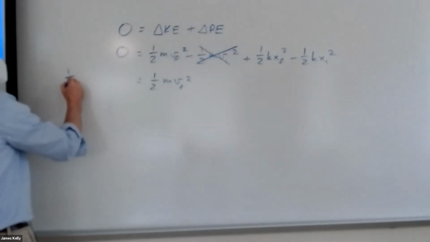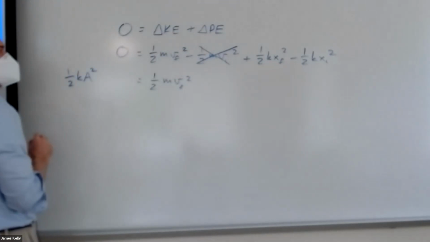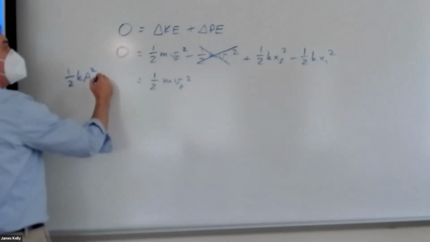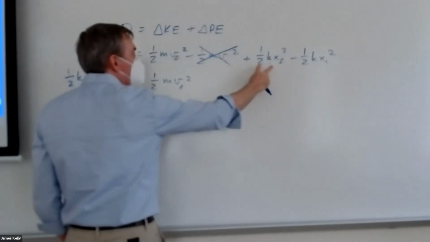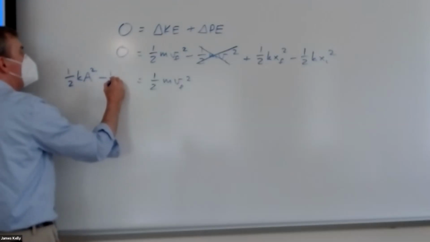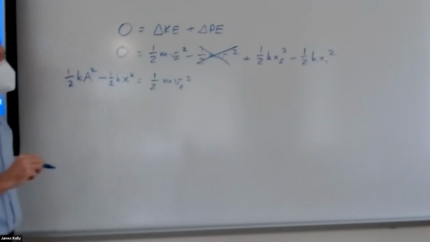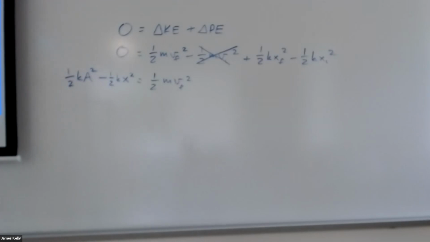So I get a 1/2 k x initial squared minus, this one was plus over here, I'm going to bring it to the other side with a minus sign, 1/2 k times whatever that other random x is. X final is that random position x. And I want to say, if you give me an x, I want to compute what v is.